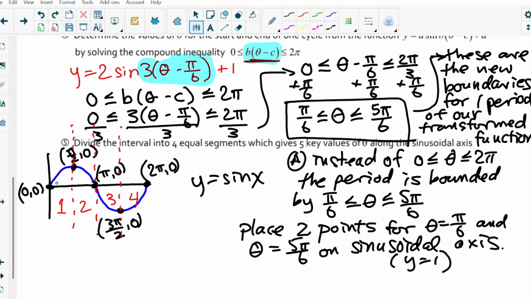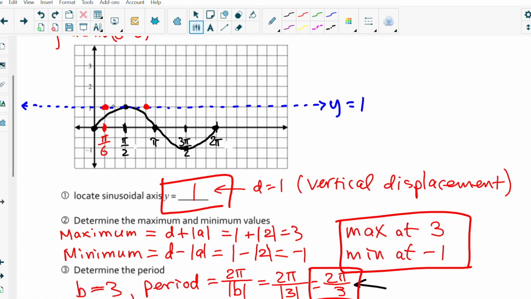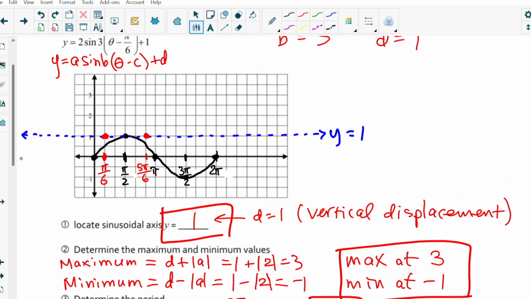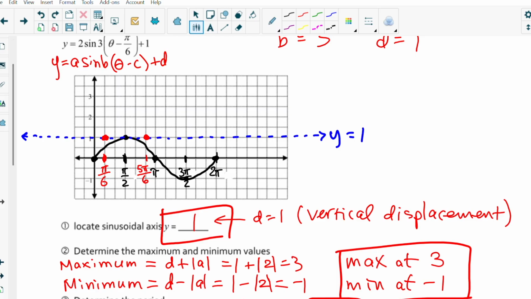So what I plotted so far was the 2 bookends right here, and right here. That's just for one period on the transformed function. I know it's going to be divided into 4 sections.